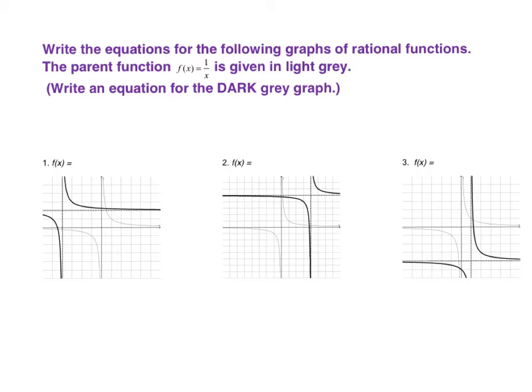Now let's look at the dark gray graph. Here we have a curve here and a curve here. Now if you see, the dotted line is the vertical asymptote and this dotted line is the horizontal asymptote. Now the ordered pair that represents the intersection of these two asymptotes is going to be the h and k value of our transformed function.